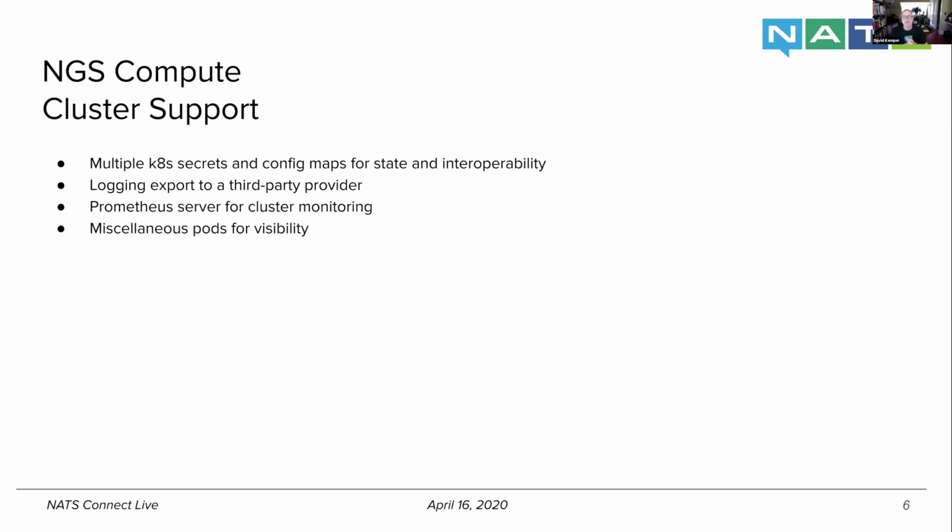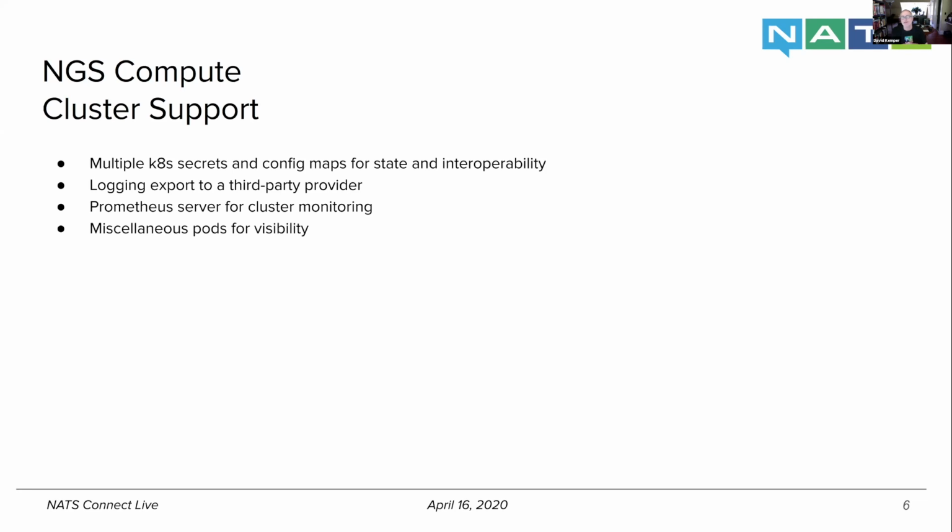So that is pulling the NATS metrics data as well as what is available for the Kubernetes infrastructure itself. I mentioned in the pod that we deploy for the NATS server, we've got the Prometheus sidecar as well. And then we can point Grafana at those various Prometheus servers for global monitoring.